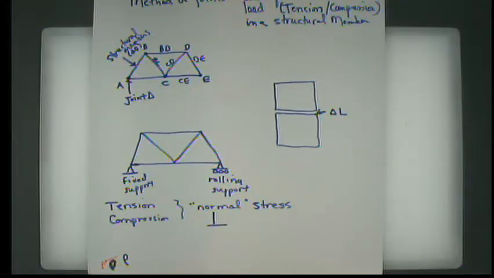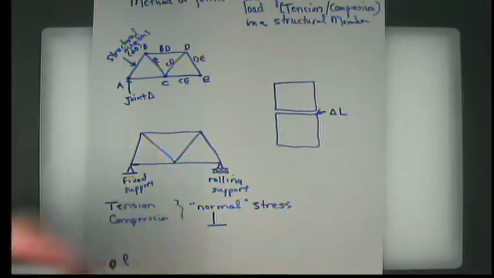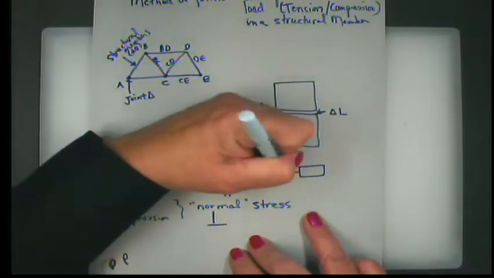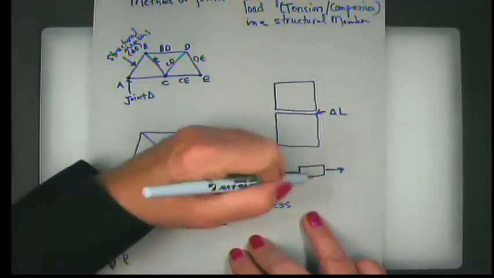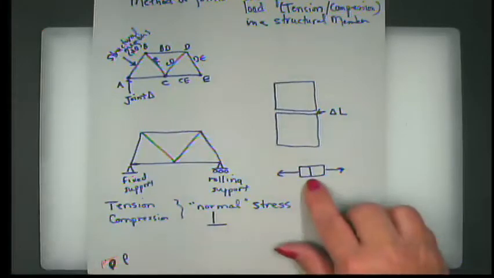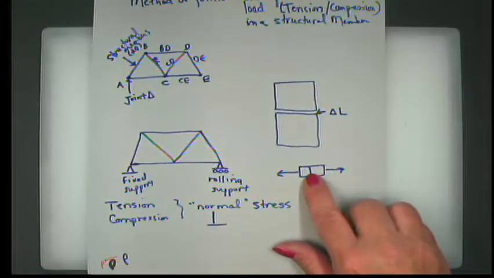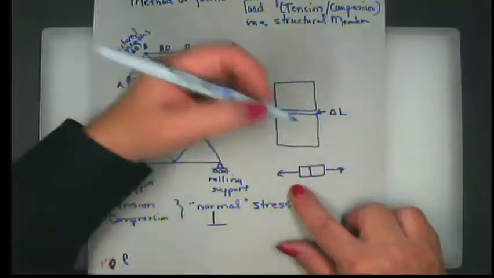The other one, if it's parallel to the cross-section of the member, is, I said that wrong. Let me think about this for a second. Parallel. If it slides the member this way, let me just draw a picture. If you have a cross-section, this is a pipe or something, or a structural member for example, and we pull on it, this is the cross-section. So what we're talking about in terms of that normal relationship is that this load is perpendicular to the cross-section.